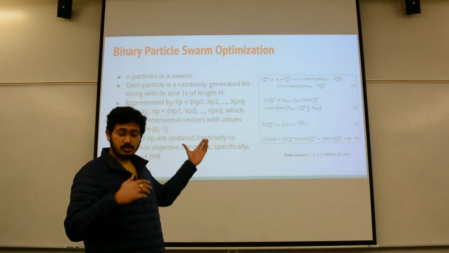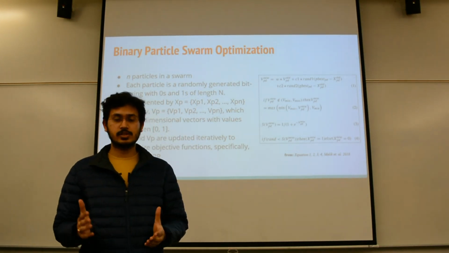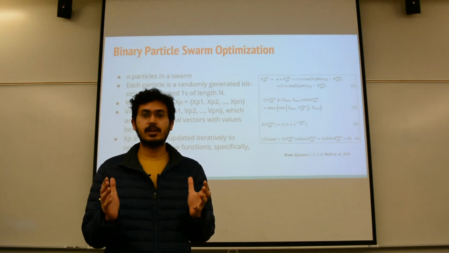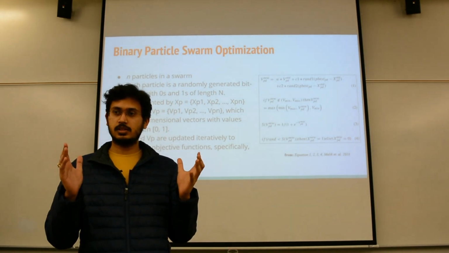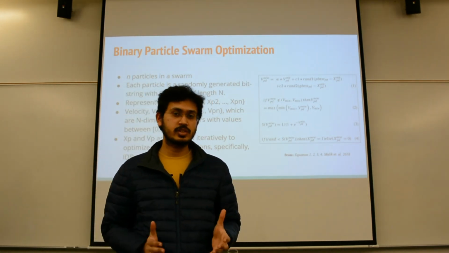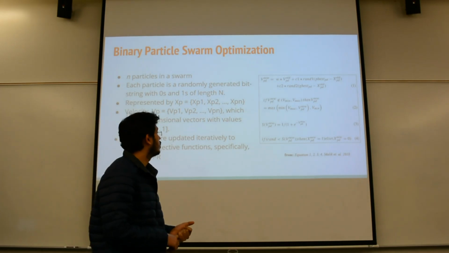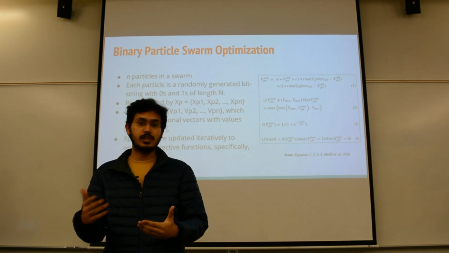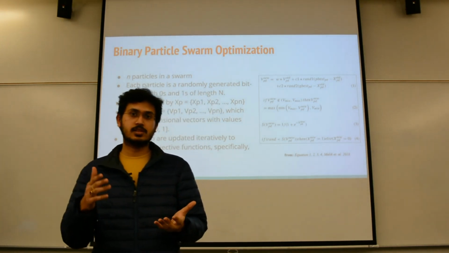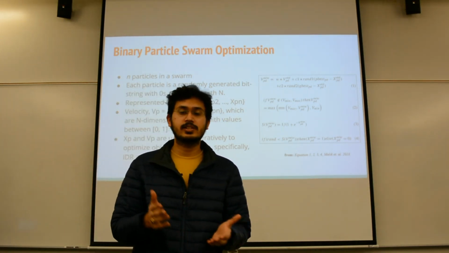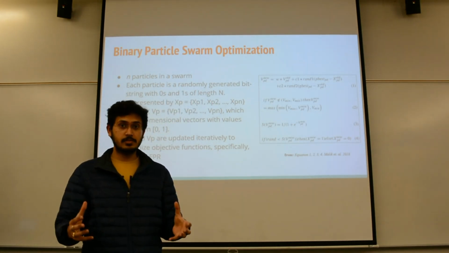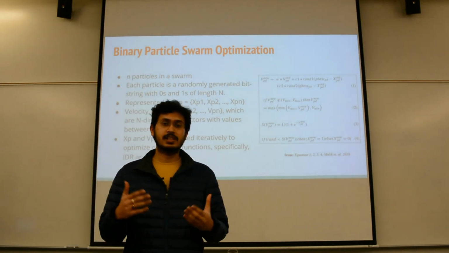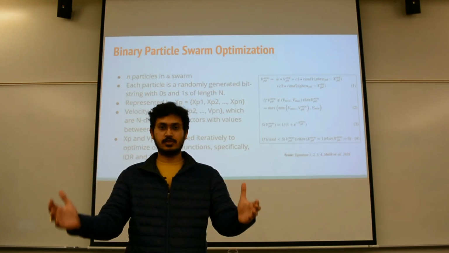Those particles have a velocity associated with them, and a fitness value can be calculated on the bit string representation. Without going into much detail, we can calculate a new velocity based on certain parameters like its old velocity, its position, its historical best position, and the swarm's best position. And with this new velocity, we can calculate the new representation of the particle.